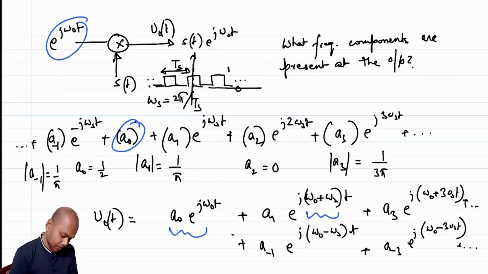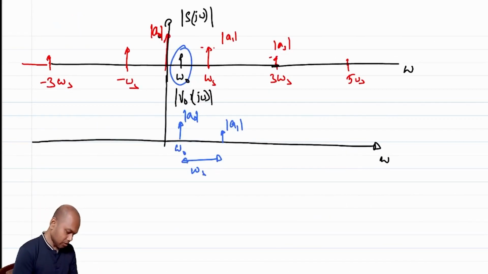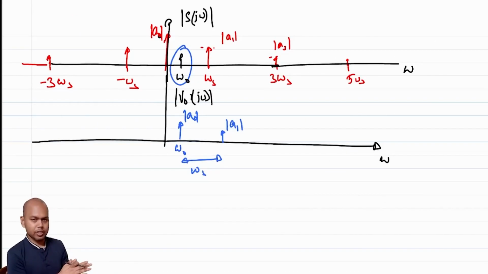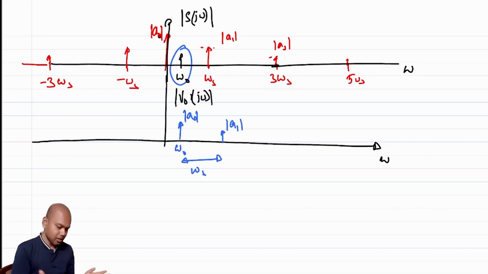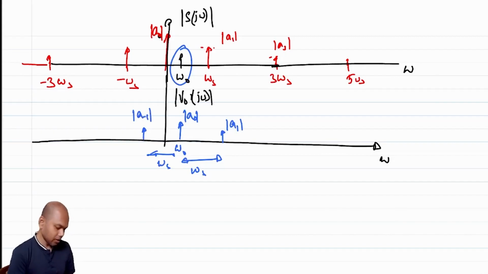So what else? Note that you have another strength at omega naught minus omega s, right? So this omega naught not only shifts to the right, it also shifts to the left, by the same omega s. So the strength of this tone is mod of a minus 1, right?